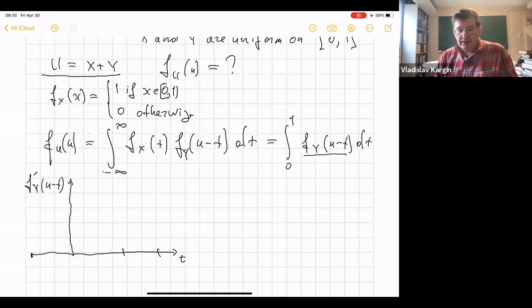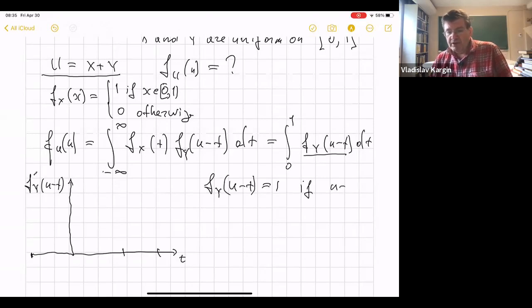So f of y of u minus t is equal to 1 if u minus t belongs to the interval from 0 to 1. By definition.